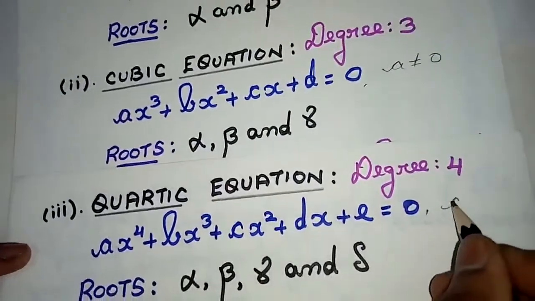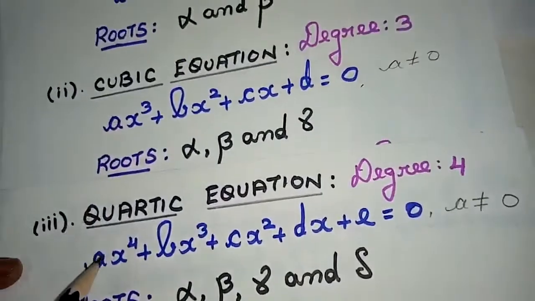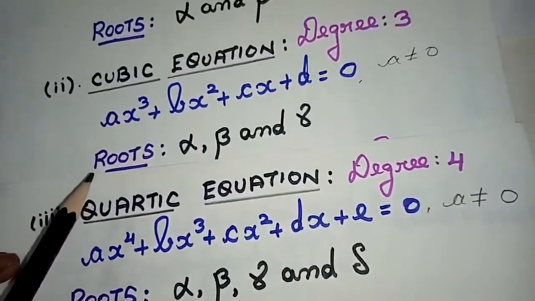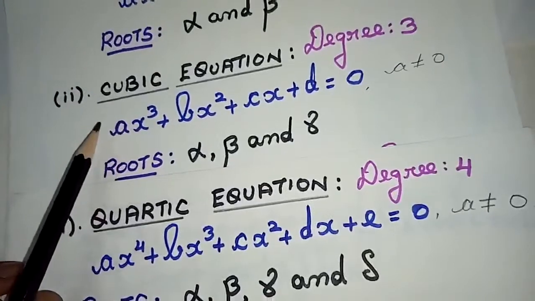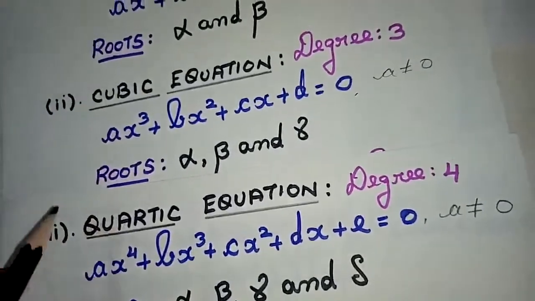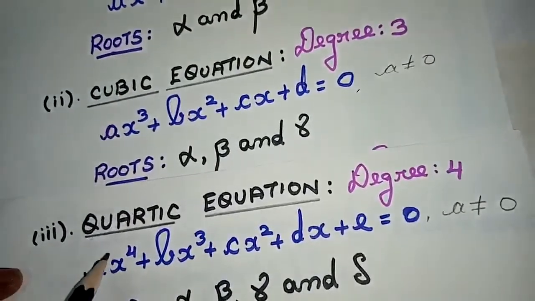Be clear, the coefficient of x cube and x to the power 4 must not be equal to 0. If it is equal to 0, then I cannot say it is a cubic or quartic equation. So this is the main idea of Vieta's formula for these three equations, students.